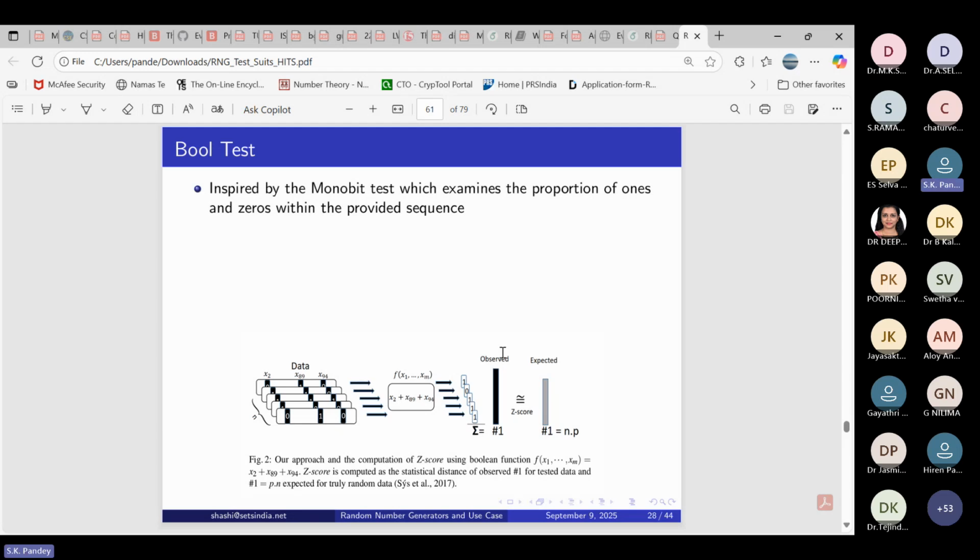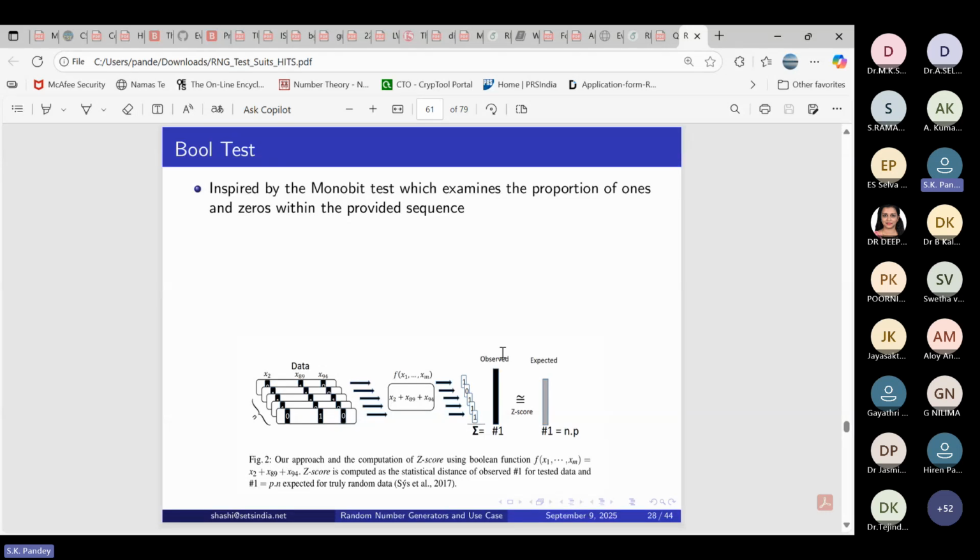But what if I go to a two-variable Boolean function, not f(x) equal to x, but f(x, y) equal to x, y, or f(x, y) is x XOR y. If we feed those binary to that Boolean function, then I will not get the same output. Then I will measure whether the output is still looking the same as the input or what change we can observe.